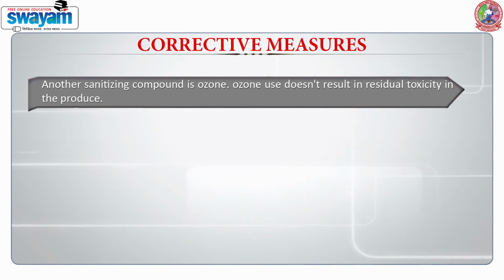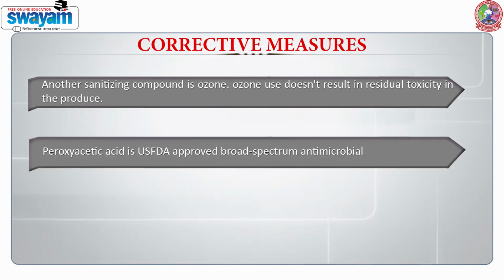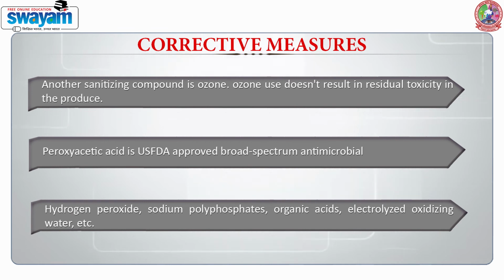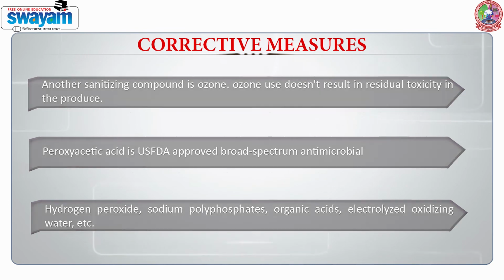Some more examples of the sanitizing compounds are peroxyacetic acid, which is approved by US FDA and it exhibits a broad spectrum antimicrobial activity. Hydrogen peroxide, sodium polyphosphate, organic acids and electrolyzed oxidizing water are some other examples used commonly.